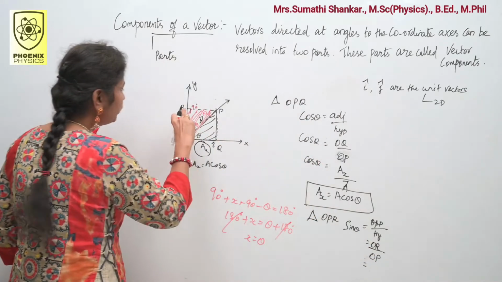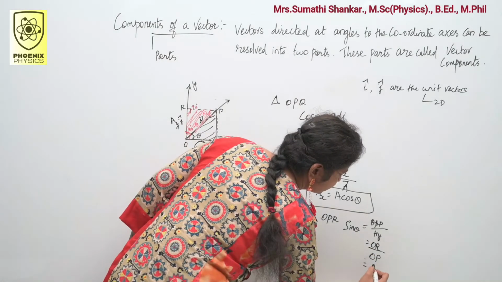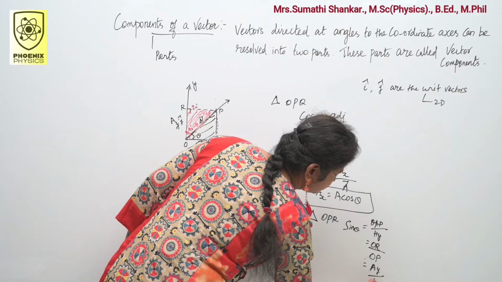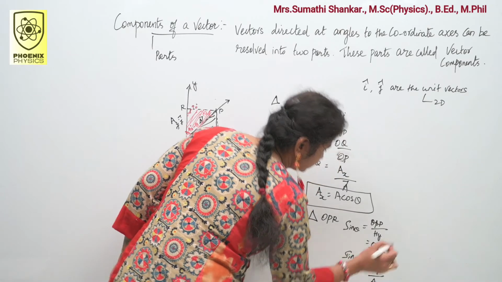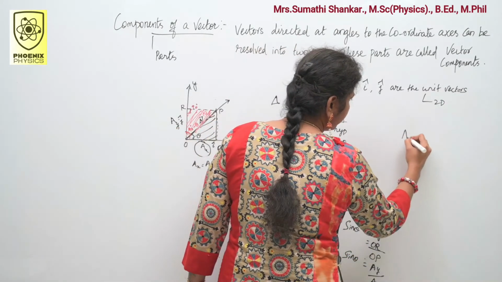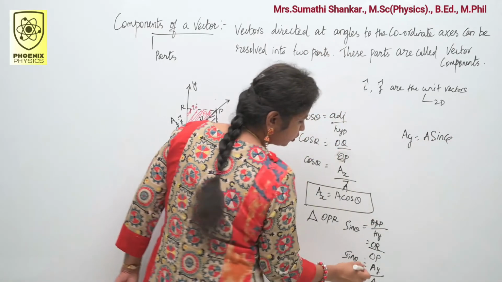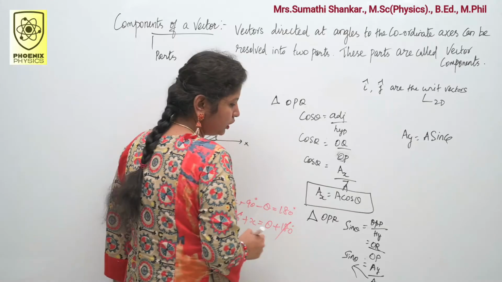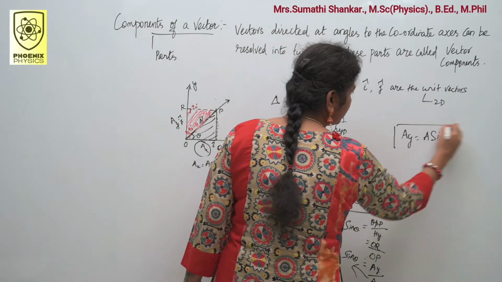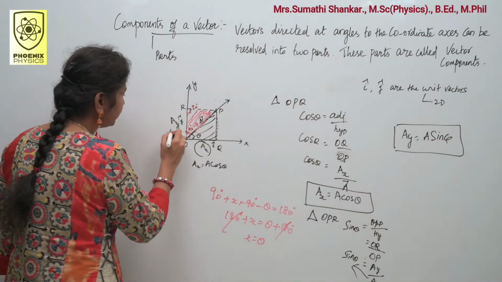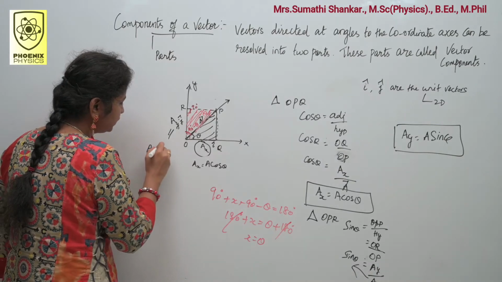So OR is equal to AY and OP is equal to A. This is sin theta. Just cross multiply these two. So AY can be written as A sin theta.